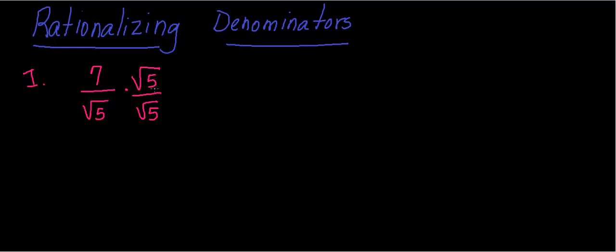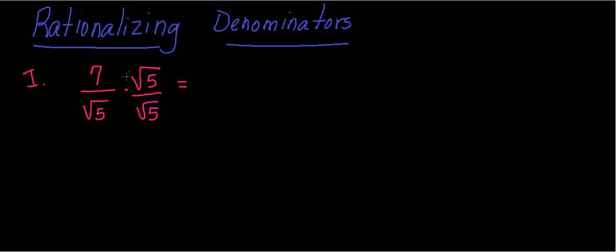So notice the square root of 5 over the square root of 5, this is equal to 1. So I'm really multiplying by 1. It's only a disguised form of 1. And this is what happens when we have fractions. We multiply numerator times numerator. Now when we multiply a number times a radical, we're multiplying the number times the coefficient of the radical.